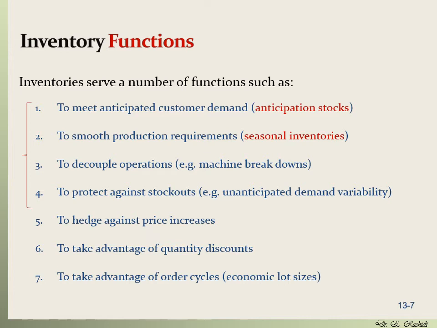It is very normal that when you purchase in large quantities, you get a discount in pricing. So you can purchase at the discount price, although you may not need it at the time, and save money by putting the excess in inventory.